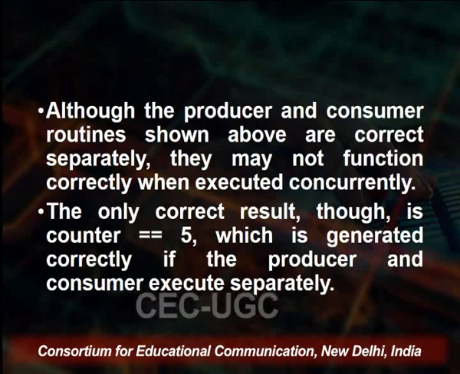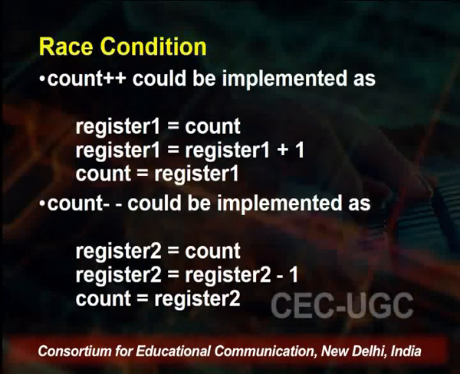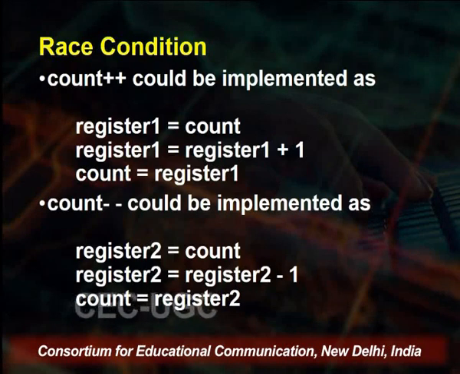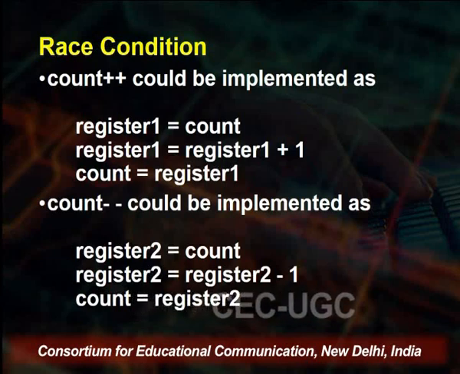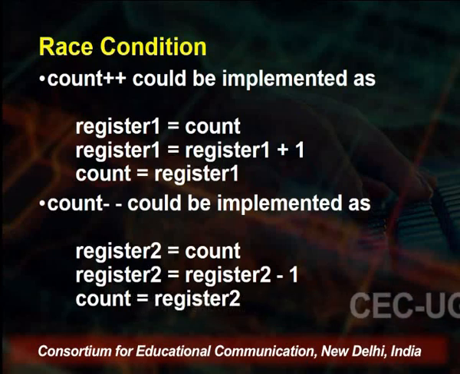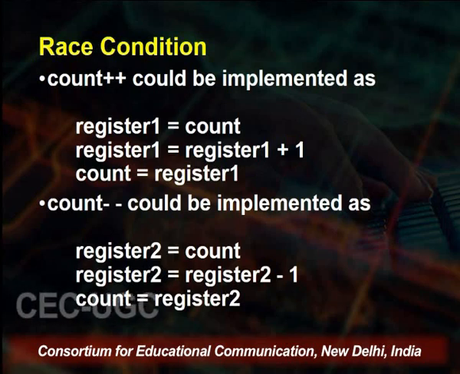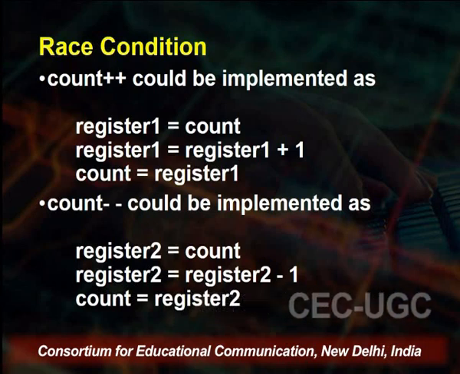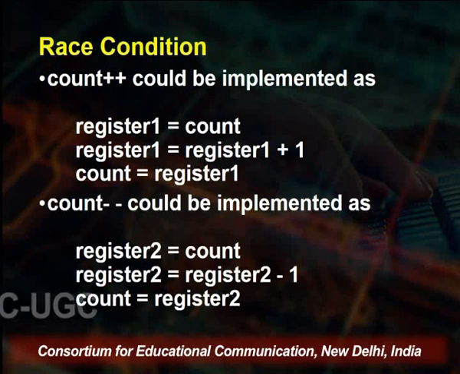Let us look at how this problem comes about. When we implement count plus plus, we copy the value of count into register 1, increment the value of register 1 by 1, and then copy the value back into count.